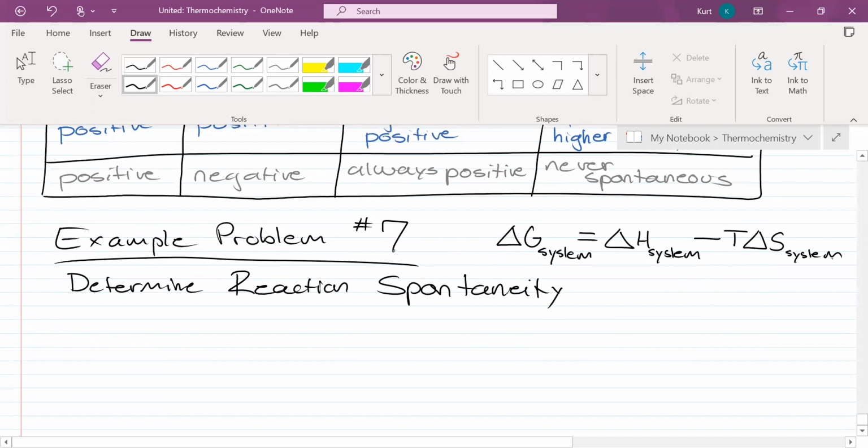There are 4 variables. You will obviously be given 3. You just have to be sure that you've matched them up with the right variable. Here we go.